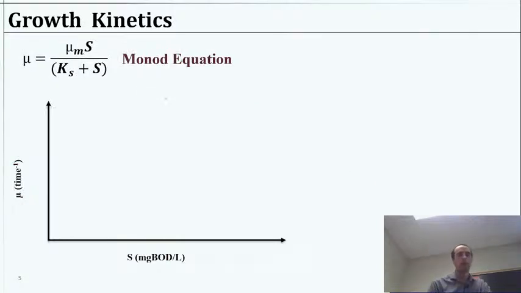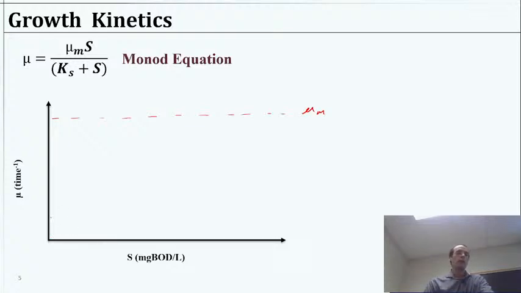All right, so let's just take a look at that. So if we have a graph where we're plotting our growth rate coefficient, our rate constant for this equation, we'll have some mu max up here. That'll be the maximum we'll ever reach, and we have substrate as the x-axis.